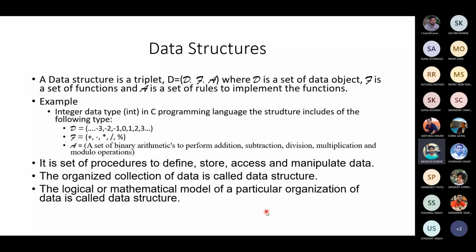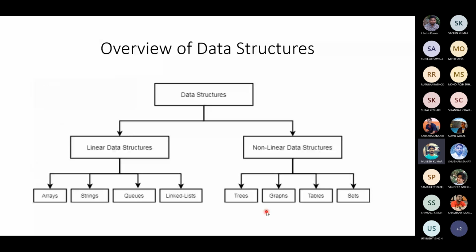You are defining how you store your data in a logical or mathematical way, so how we organize the data defines your data structure. And there are various ways you can make that logic, various mathematical and logical ways. That's how we have different data structures. So you can say data structures are not one way. Briefly, they are categorized into two types.